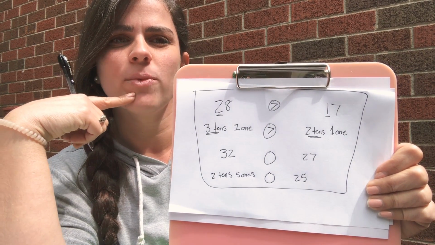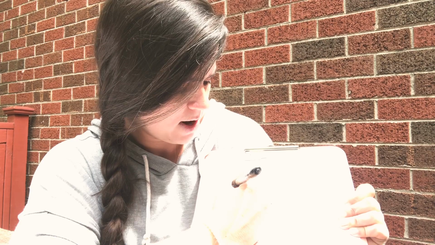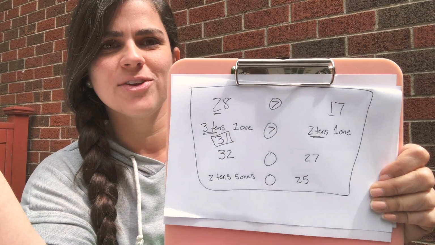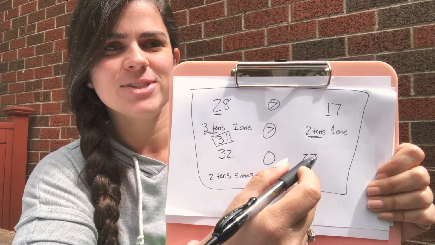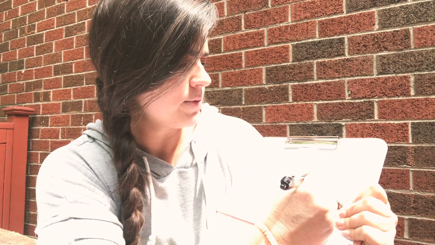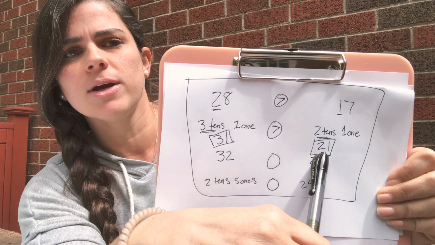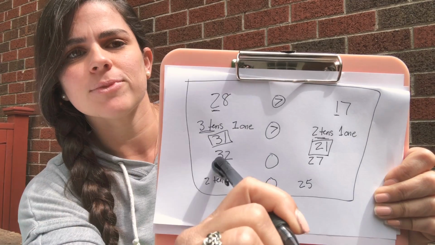Let's write it and see. 3 in my tens place, 1 in my ones place. That's the number 31. What about 2 tens, 1 one? 2 in my tens place, 1 in my ones place, 21. Is 31 greater than 21? Yep, you got it right.